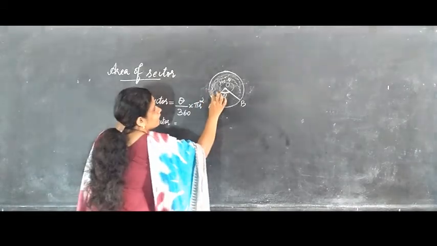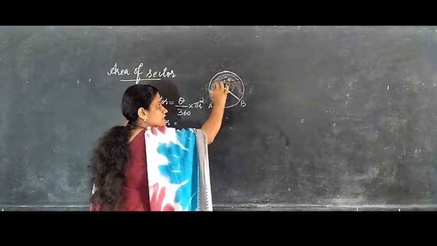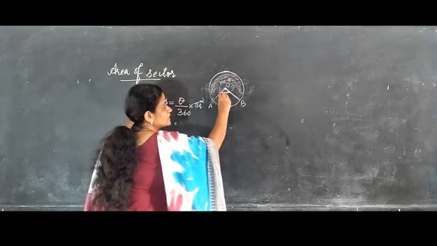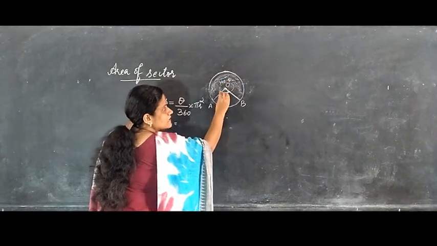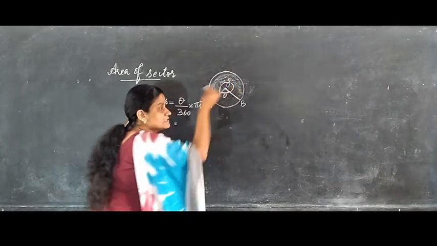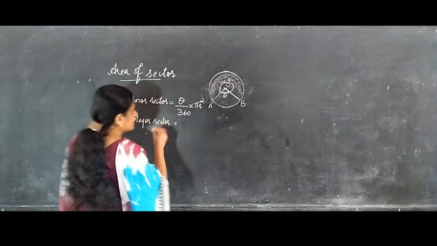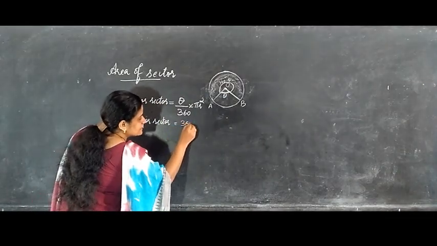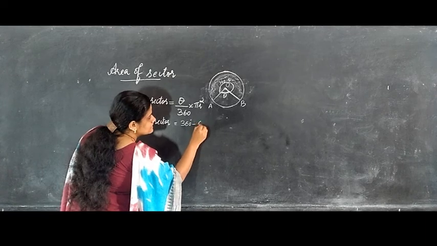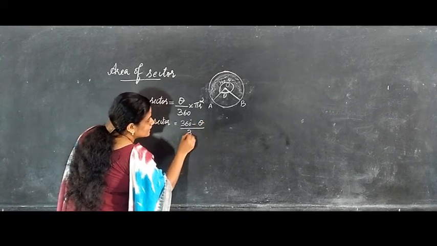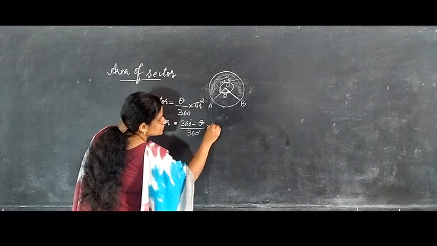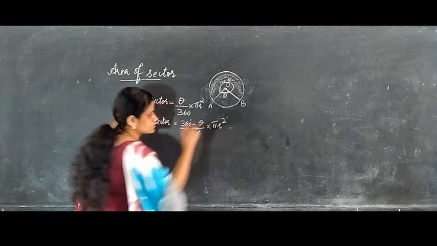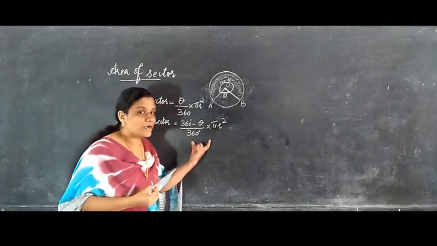So how can we find the area of this major sector? Out of 360 degrees, this angle is 360 minus theta. So we write the area as (360 minus theta) by 360 into pi r squared. This is one of the methods.